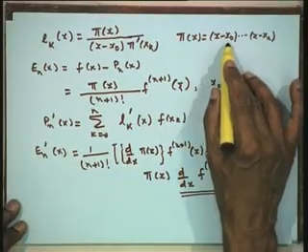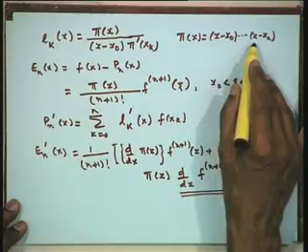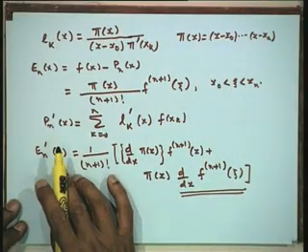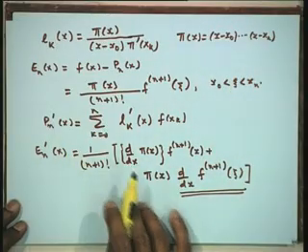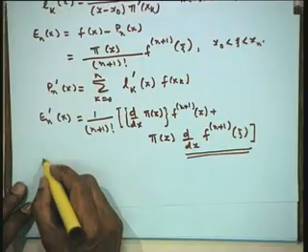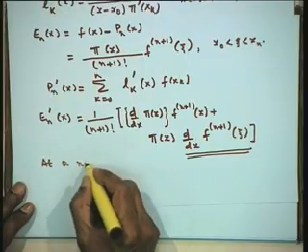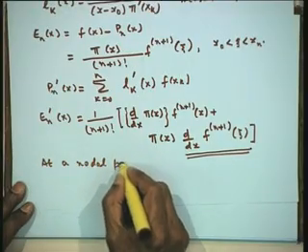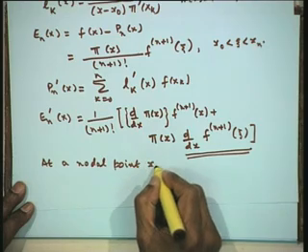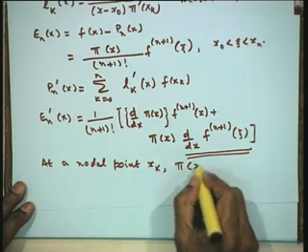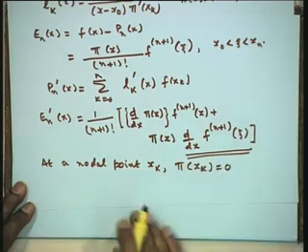So, if I take x equal to any one of the nodal points, then pi x is equal to 0. Therefore, at the nodal points I can give the exact expression for this. So, let us write down at a nodal point, say x k, pi of x k is equal to 0.